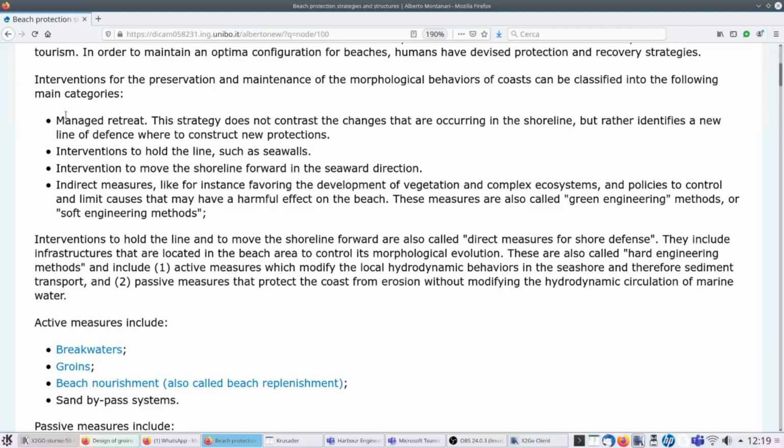This preliminary knowledge is based on our understanding of the functioning of beach morphology on the one hand and the functioning of our intervention on the other. And there is also an economic evaluation that has to be done. Very often we have to carry out a cost-benefit analysis.